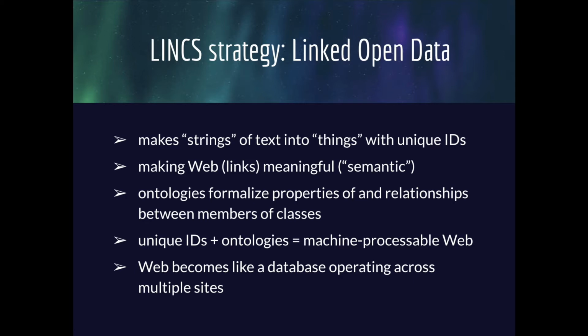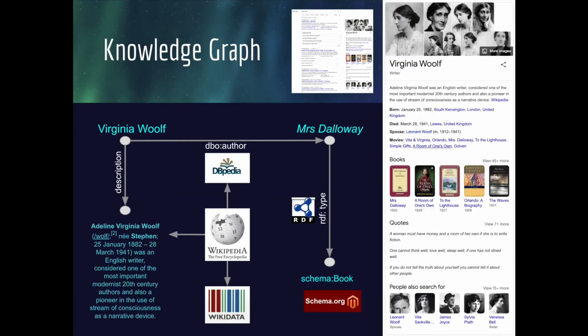So when you put IDs together with ontologies that tell a machine what the relationships are, then you get a web that is machine processable, and it's much more like a database than the web that we have now. But it is not a database. It is what's called a knowledge graph, because those entities and relationships create graphs.